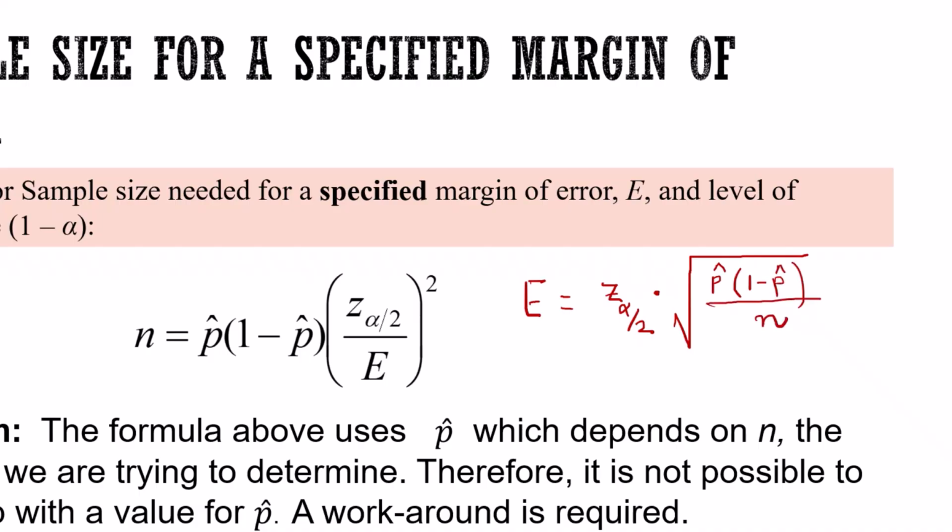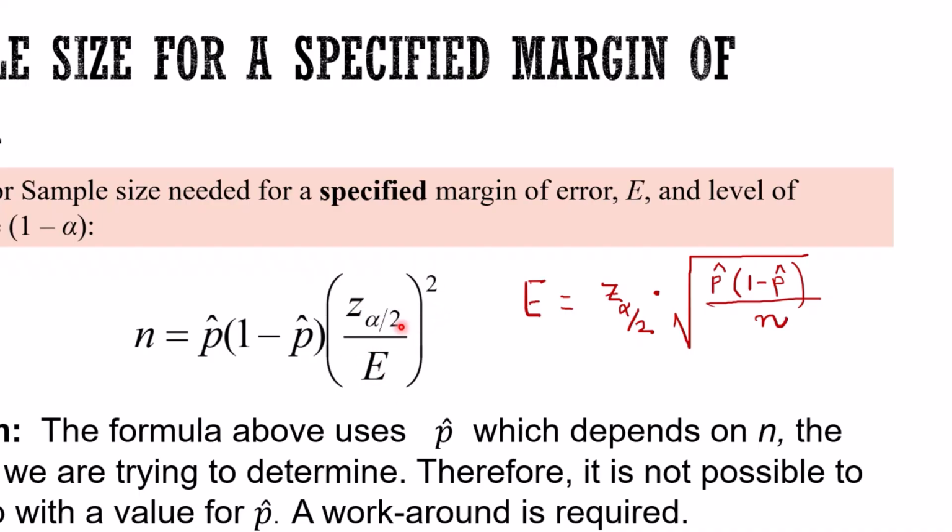And once we solve for n in this formula, we will get an expression which looks like this: p hat times 1 minus p hat times z of alpha by 2 divided by e whole squared.